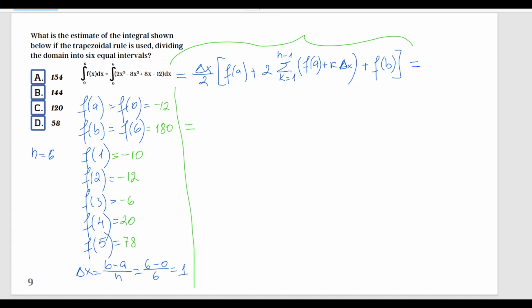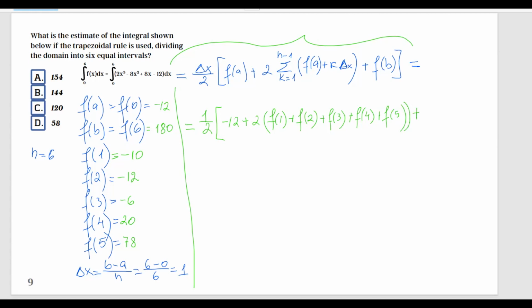So coming here, I'll have delta x over 2, which is 1 over 2, multiplied by f of a, which is f of 0, which is minus 12, plus 2, multiplied by the sum of all: f of 1 plus f of 2 plus f of 3 plus f of 4 plus f of 5.